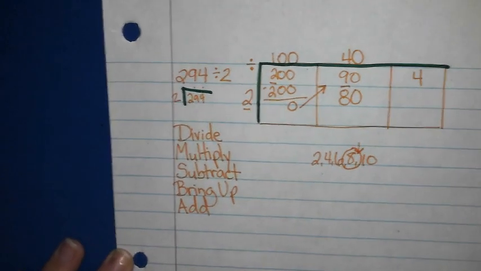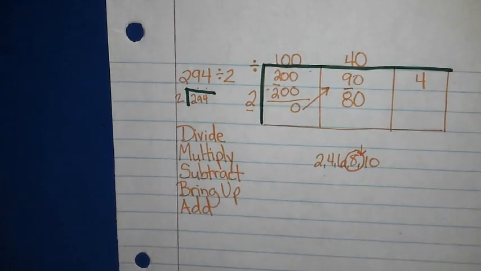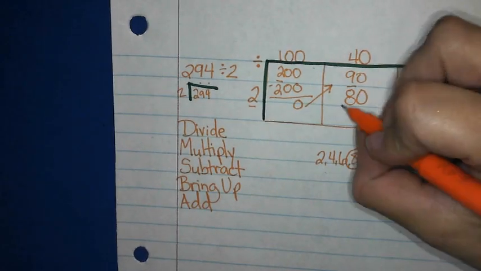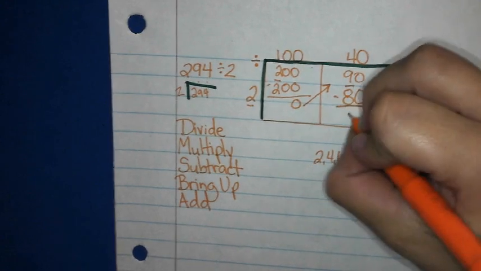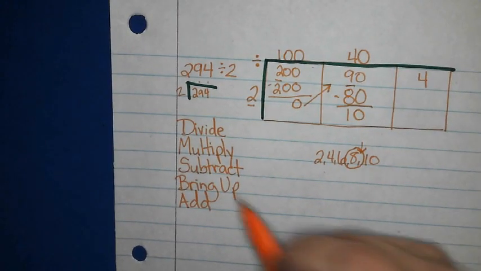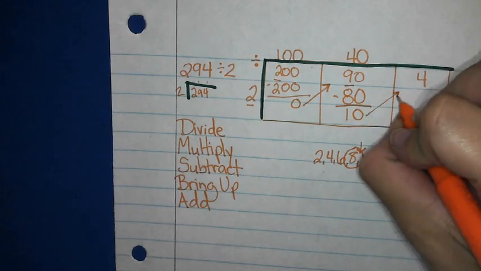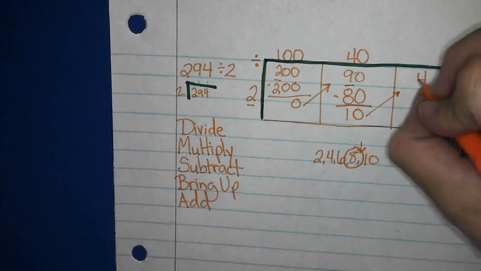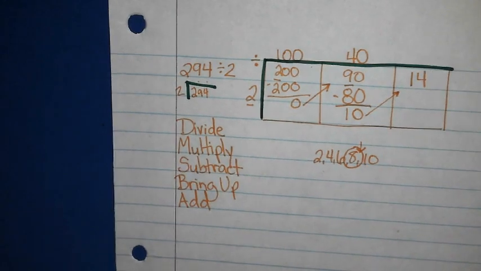That all goes back to their base facts. So that was divide and multiply. Now we subtract. My leftovers are 10. I'm going to bring up 10 and add that to what already is there. 10 plus 4 is going to give us 14.